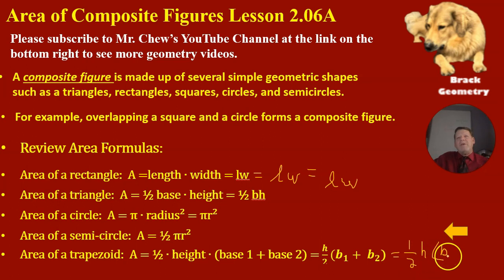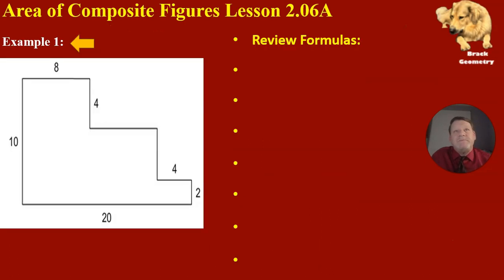And we write that b sub 1 plus b sub 2. Okay, and so to find the area of a composite figure, you just find all the individual simple areas and add them up. And so that's what we will work on.